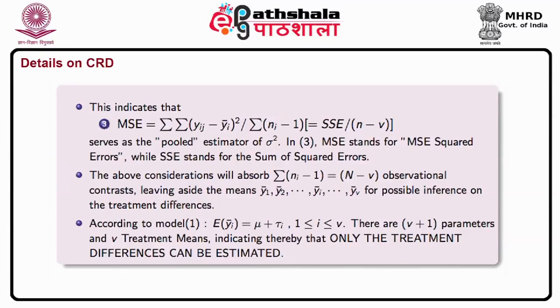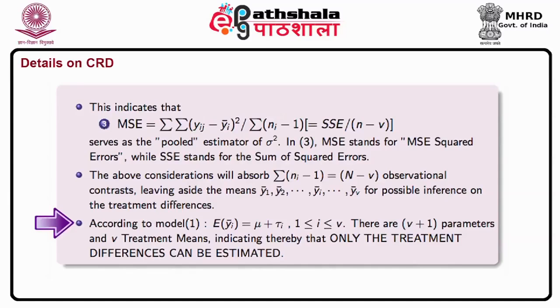So, the above considerations will absorb summation Ni minus 1 equal to capital N minus V observational contrasts, leaving aside the means Y1 bar, Y2 bar, Yi bar up to Yv bar for possible inference on the treatment differences. So, according to the first model, model 1, expectation of Yi bar is equal to mu plus tau I, where I is equal to 1 to V, small v.